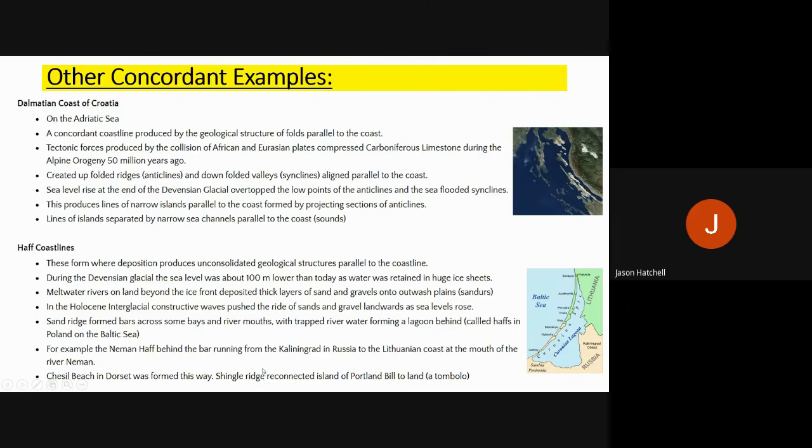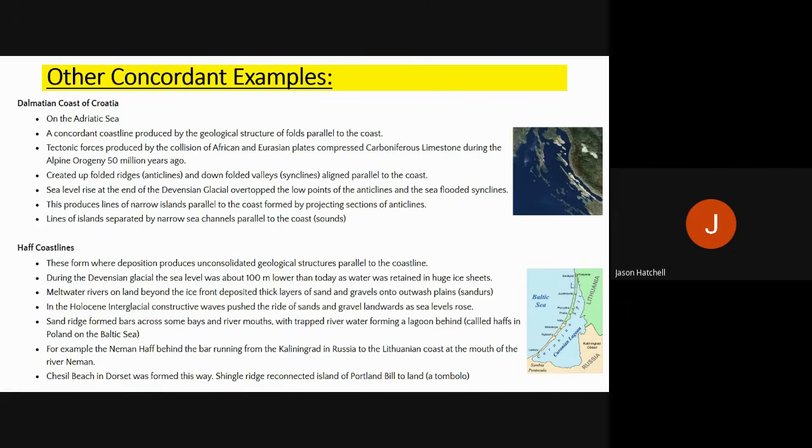And we've also got half coastlines. Now, this occurs where deposition produces what's essentially unconsolidated material. So, unconsolidated rock. So, what we have is essentially a ridge, and that sand ridge forms over bays. As you can see down here, we've got the Curonian Spit that connects the Sambian Peninsula to Lithuania.